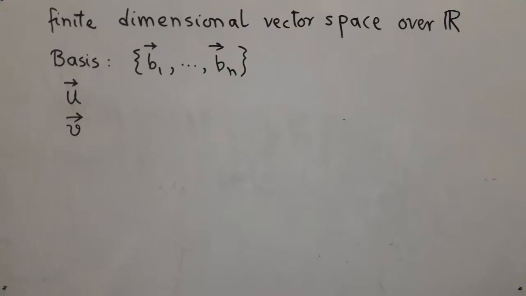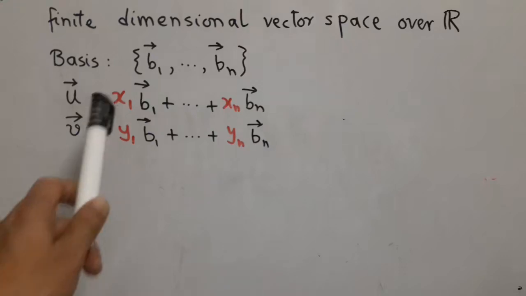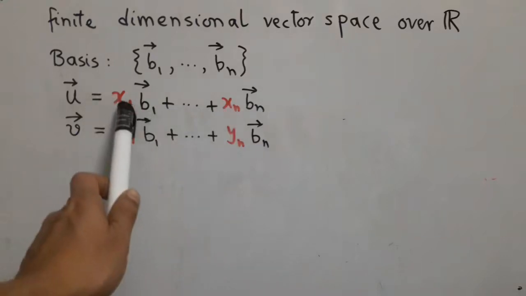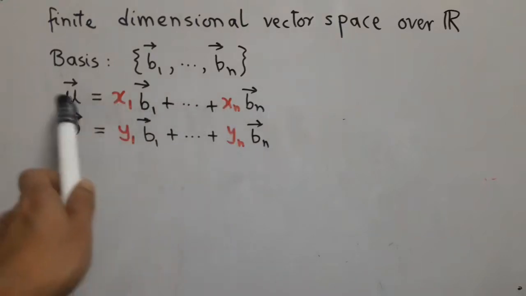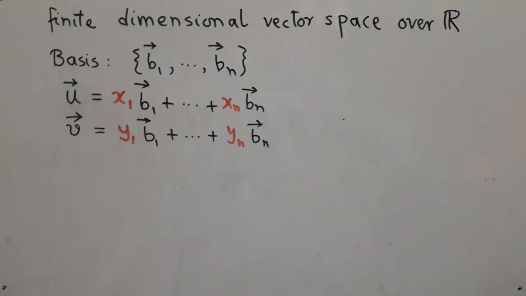Express both the vectors as linear combinations of that basis. So you take two tuples of coefficients x1, x2, etc. to xn for u and y1 to yn for v. Now take the usual dot product of these two tuples.